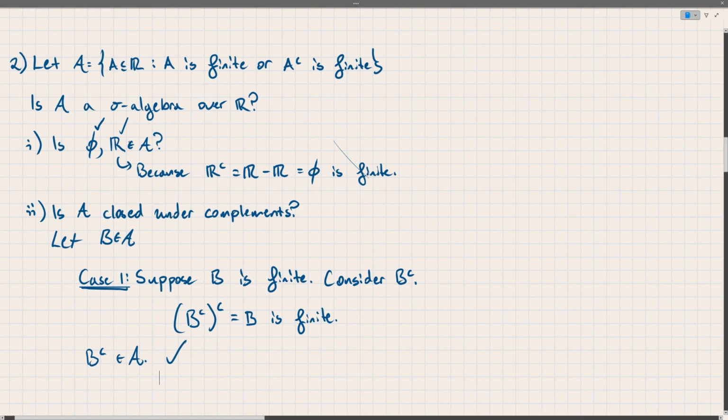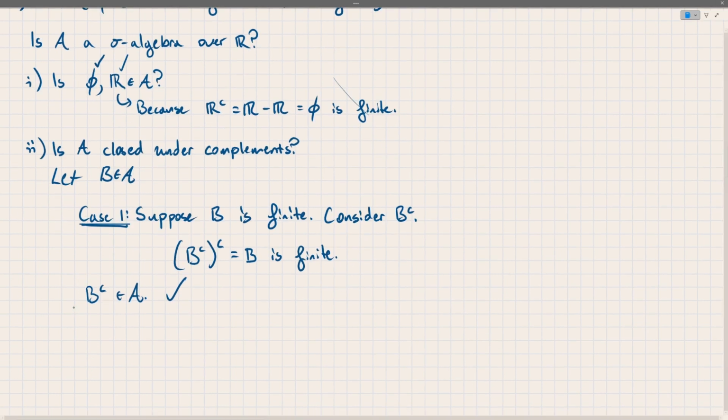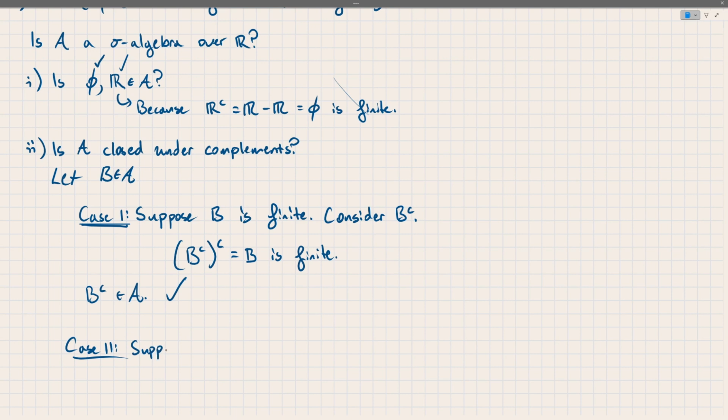So that holds. Now the second option for B: suppose B complement is finite. Well, this is literally just a parallel proof. If B complement is finite, then B is going to be infinite.